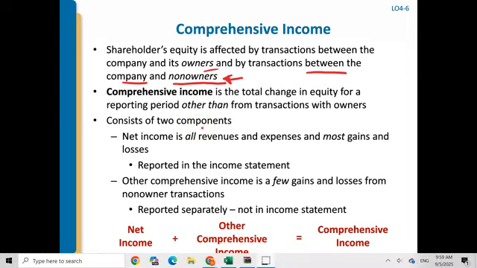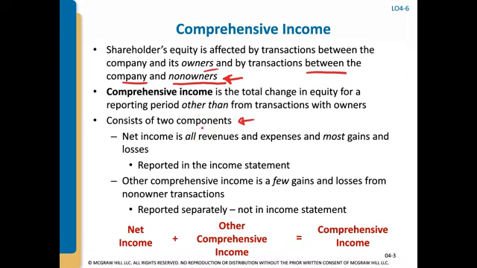Comprehensive income consists of two components. Number one is that when you think of net income, you think, oh, we're reporting all our revenues, expenses, and gains and losses. However, the net income that you see reflected in the income statement is all the revenues and expenses, but most of the gains and losses.